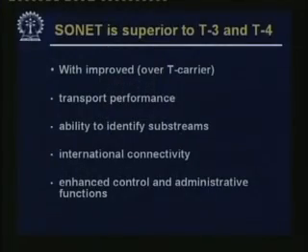So the ability to identify substreams is very important, and that is also allowed in SONET, which was more difficult in the earlier systems. Then of course international connectivity, as I said, it bridged the Atlantic, and that was great, and it enhanced control and administrative functions. That was also very good from the point of view of service providers.